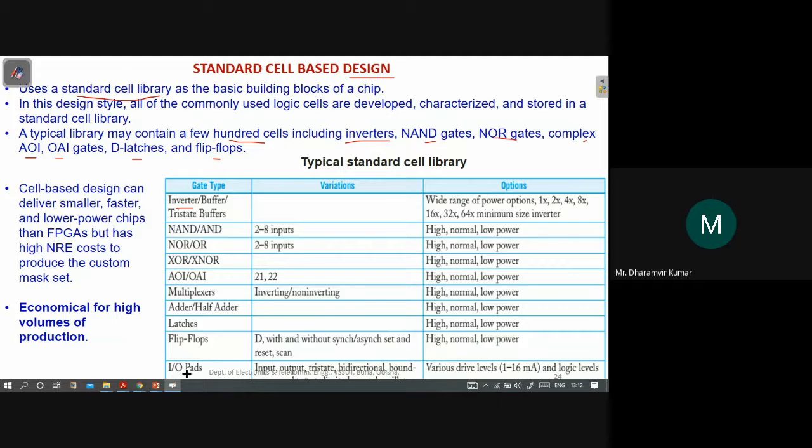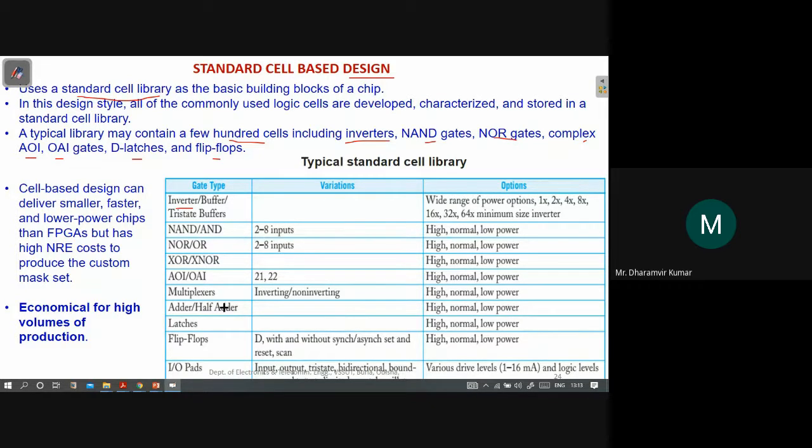Then IO pads, input output pads, are also present, having various capabilities for driving between 1 to 16 milliamperes and logic levels. So you will get a variety of components in a single standard cell library. You pick up the component which is most suitable for your design and use it in your circuit. This is the crux of the story.